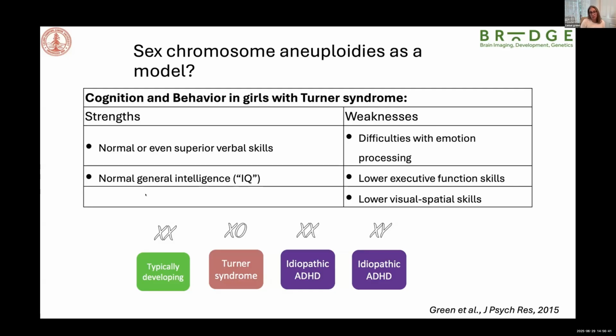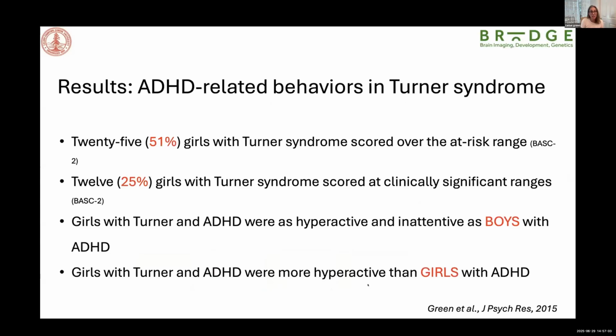And here I'm going to briefly talk about a study that I did when I was a postdoc that compared whether girls with Turner syndrome have similar or different ADHD symptoms of attention to children with idiopathic ADHD.